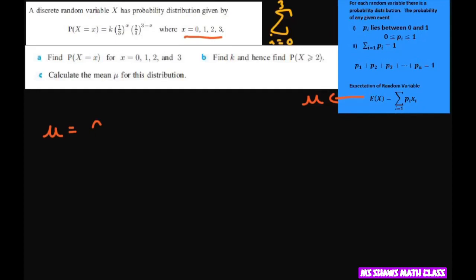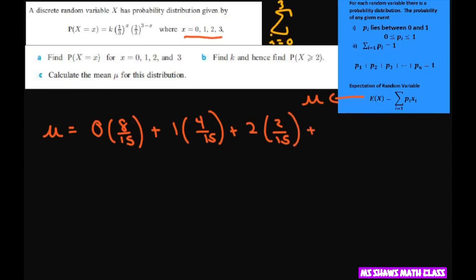So for 0, we had 8 divided by 15 when x was 0, plus when x was 1, we had 4 divided by 15. When x was 2, we had 2 divided by 15.